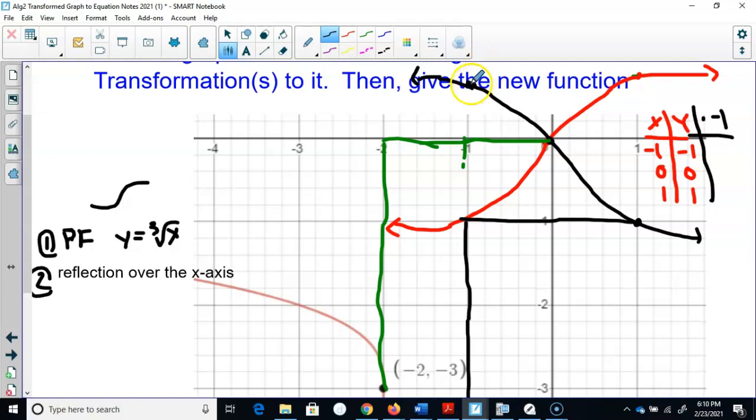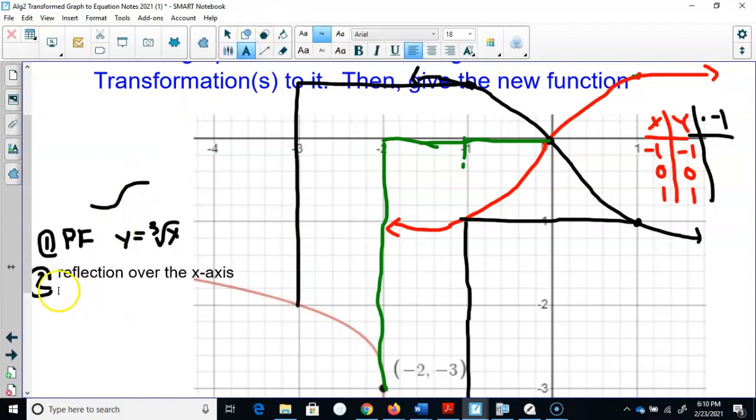And then let's take this point as well. To the left 2, down 3. So again, a reflection over the x-axis, and then to the left 2, sorry guys, down 3. We know what the transformation is now.